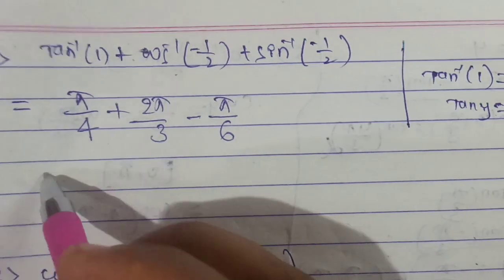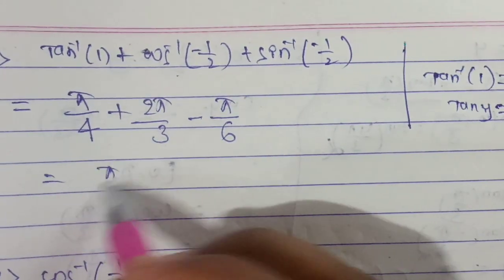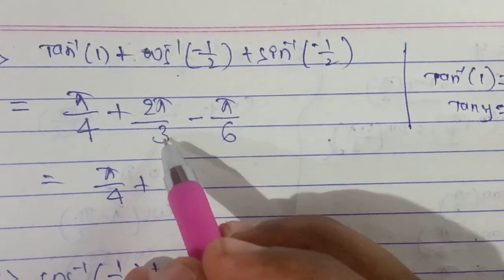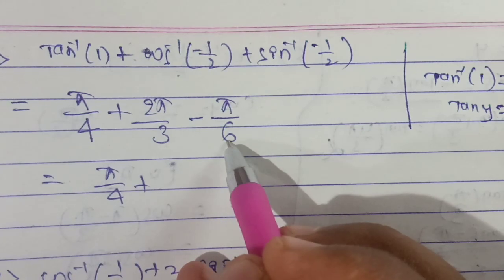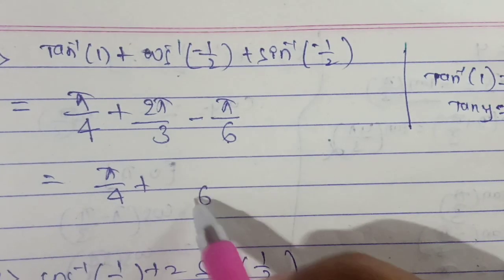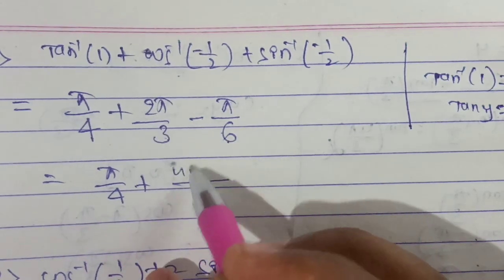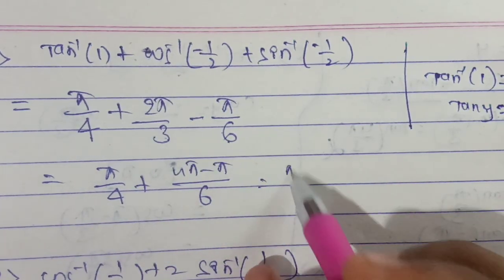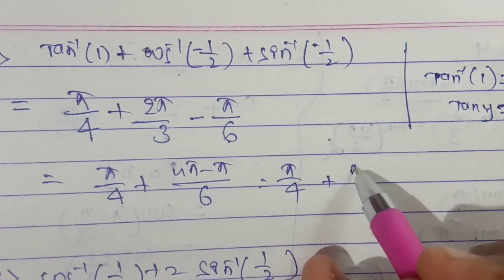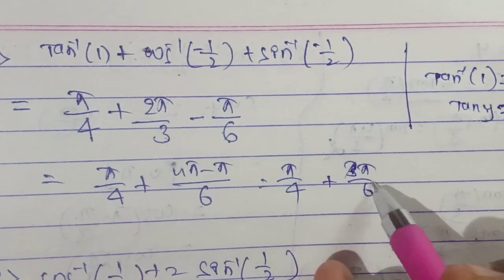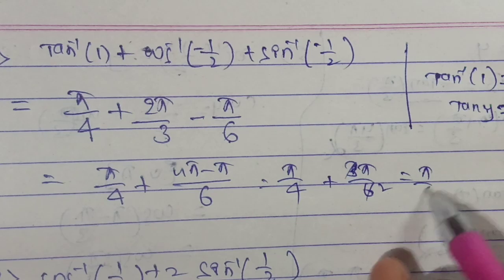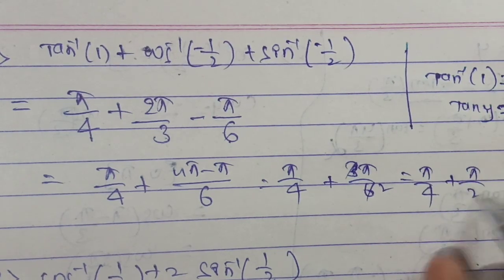Next, the simplification. Pi by 4 I keep the same, and for 3 and 6, 6 is the LCM, so I get 4 pi minus pi. Here I get pi by 4 plus 3 pi by 6, which is equal to pi by 4 plus pi by 2.